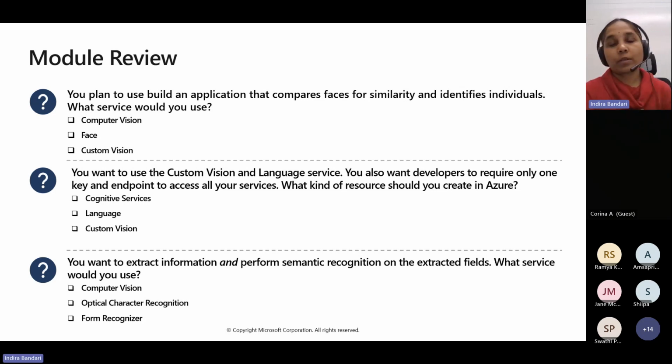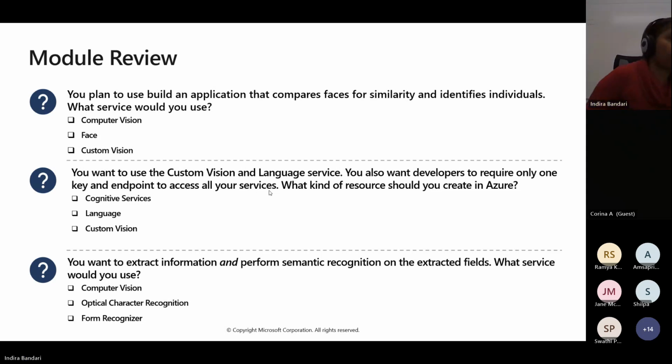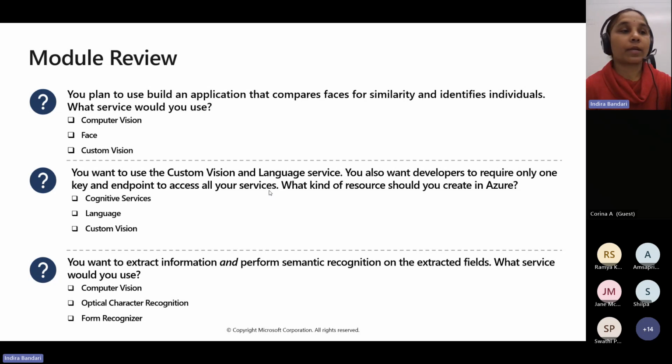You plan to build an application that compares faces for similarity and identifies individuals. What service would you use? Answers please in the chat. Face service. Yeah, because it has faces, right?